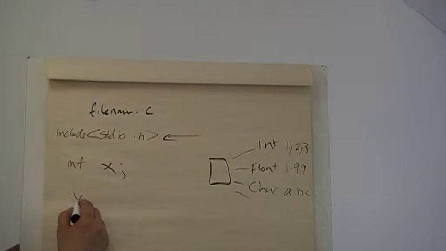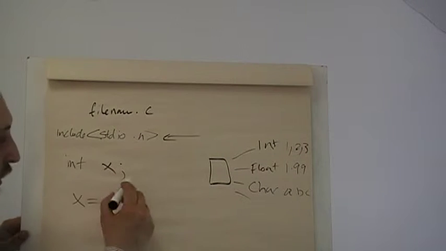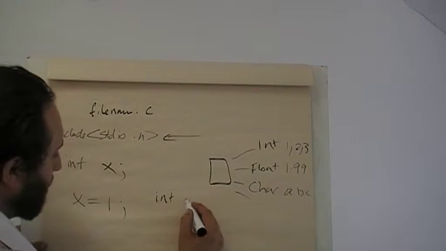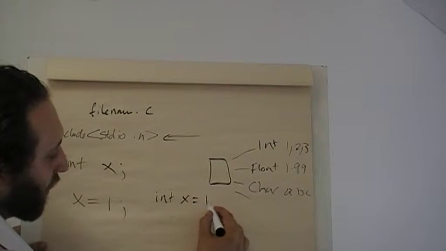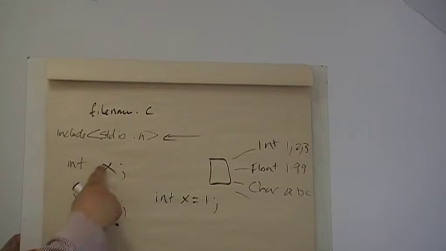Next, we're going to say that x equals 1, and we're going to close it off. So now we've assigned a value into x. We could have done it all in one line, such as this: int x equals 1. But what we decided to do is to do it across 2 lines, so at least you've got the 2 different options here.